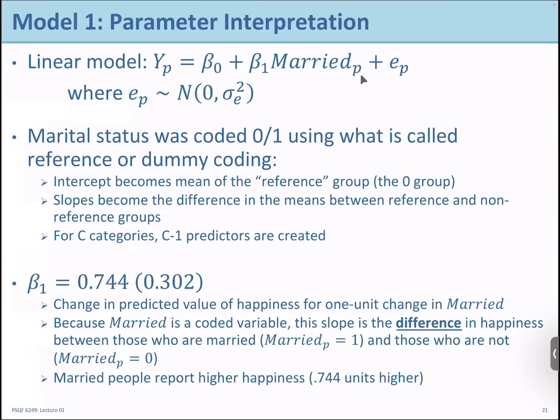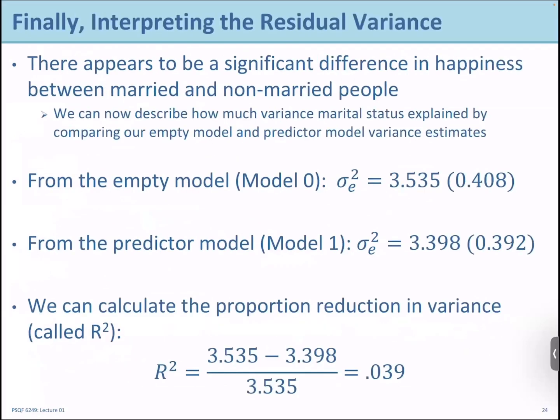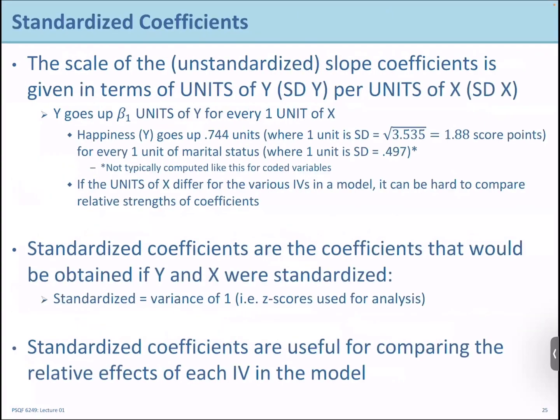In our case, 1 unit change of married means going from 0 to 1, so that's why we call it a difference, right? But beta 1 is on the metric of units of y per units of x, unit in this case being the raw value of y.